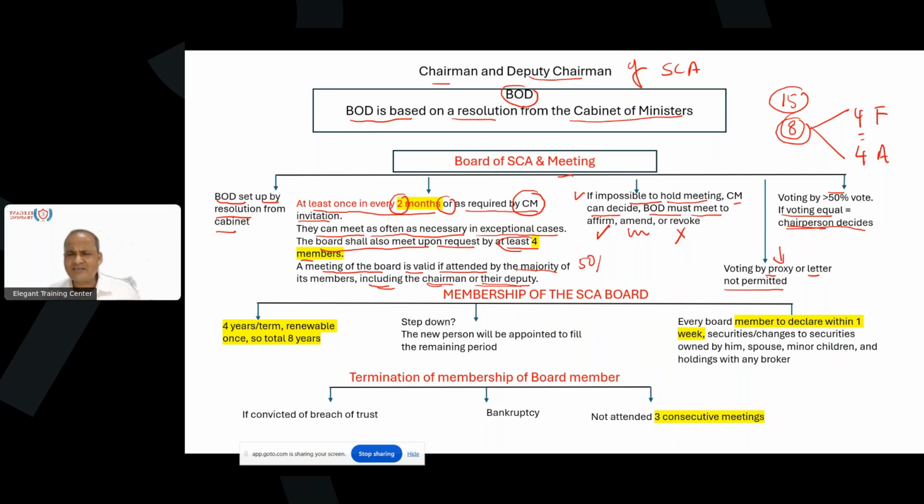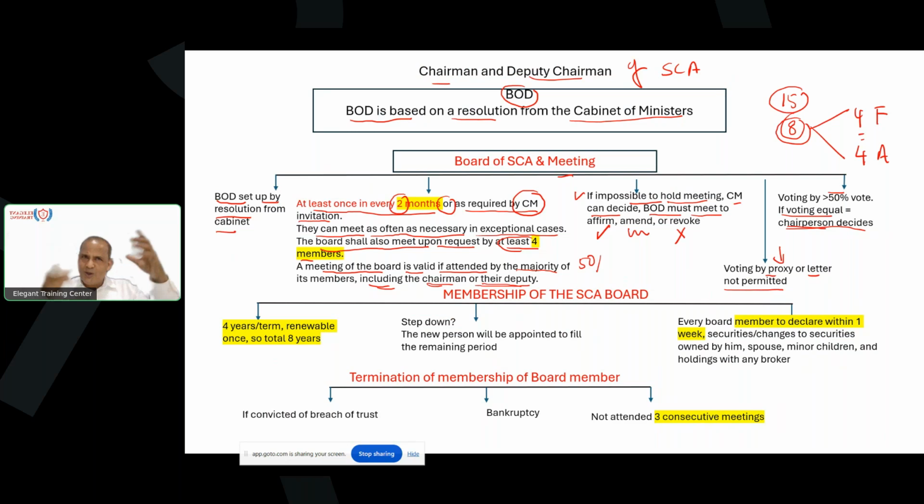It means there can be a virtual meeting. If a question comes, is a virtual meeting possible or not? Of course possible. Because they say you cannot send someone, you cannot designate someone, you cannot send a letter.